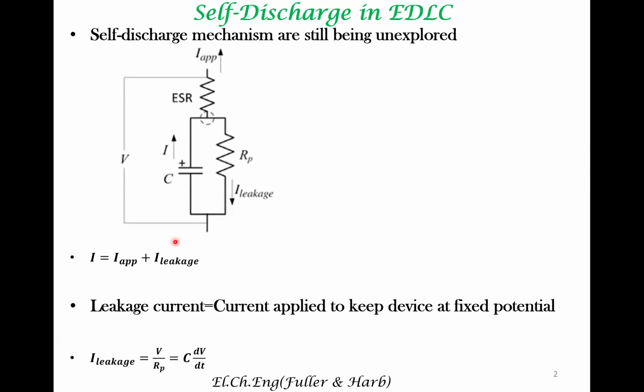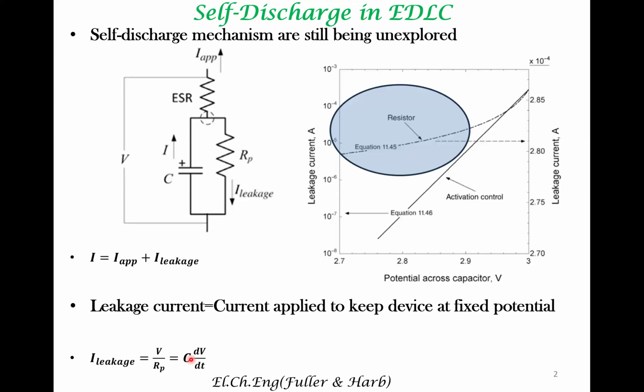Or, because of the leakage current, the voltage continues to change in a particular manner. So this is the second way of thinking about the leakage current: how does the voltage change because of the leakage current? So using two definitions, you can obtain this expression, which can be used for modeling the leakage current.